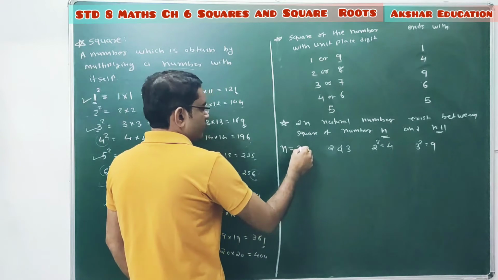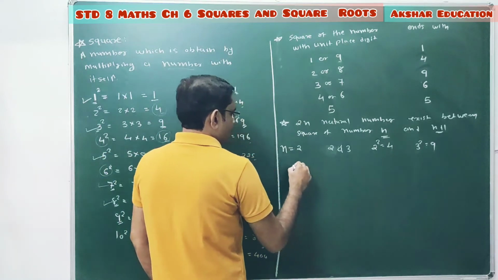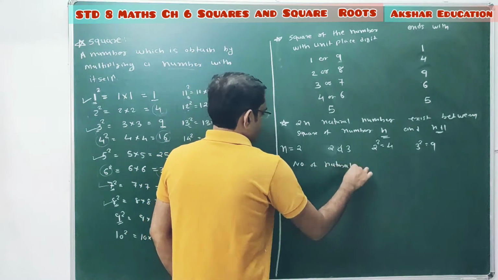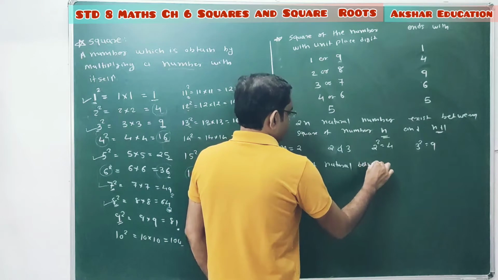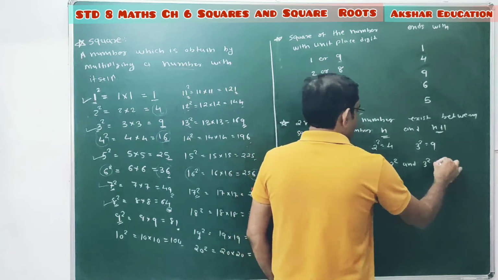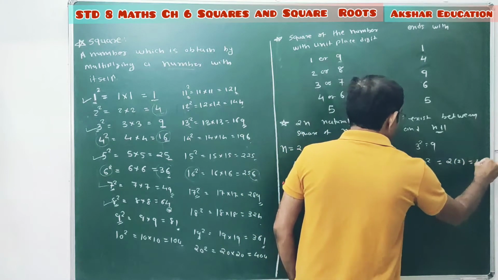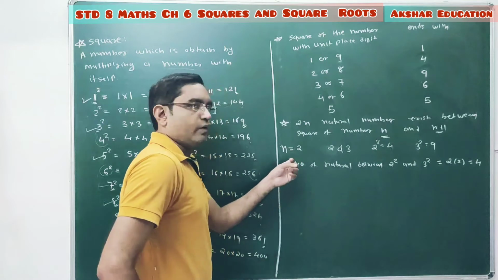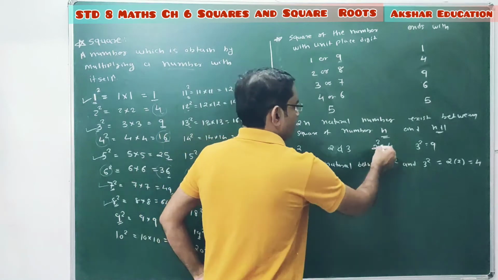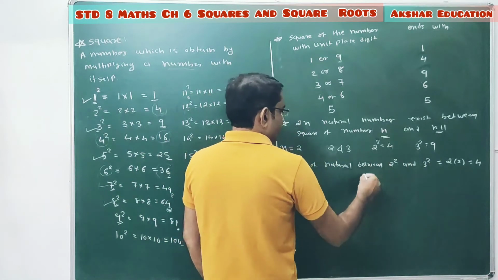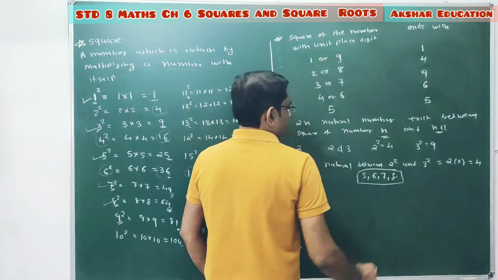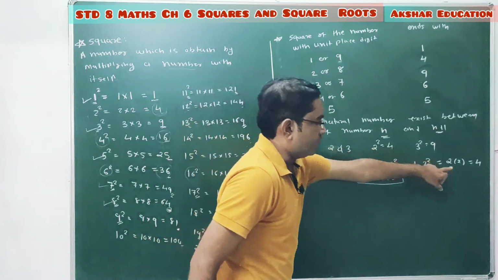Here n is 2, so the number of natural numbers between 2 square and 3 square will be 2 into 2, so 4 natural numbers. 2 square is 4 and 3 square is 9, so which numbers are there? We can say 5, 6, 7 and 8. These are the 4 natural numbers which exist between 2 square and 3 square.